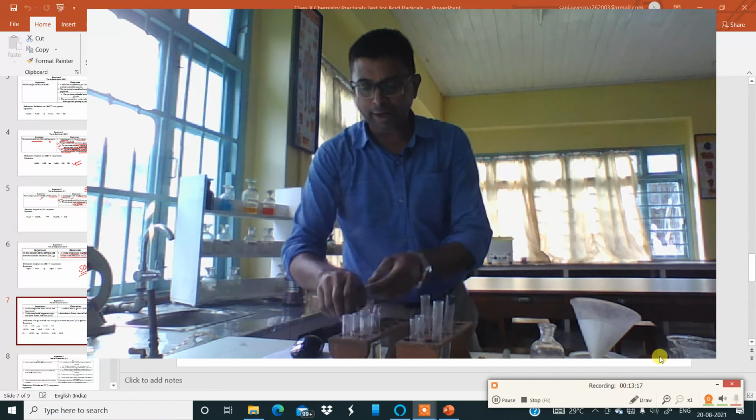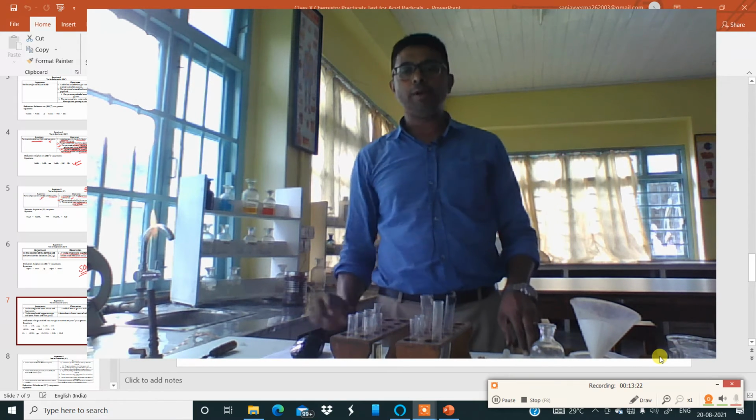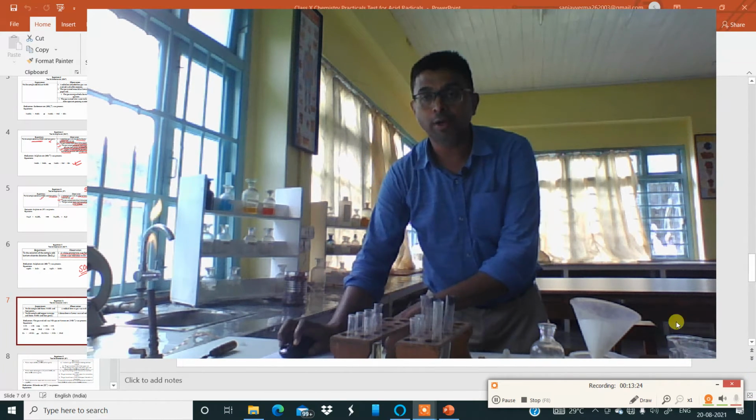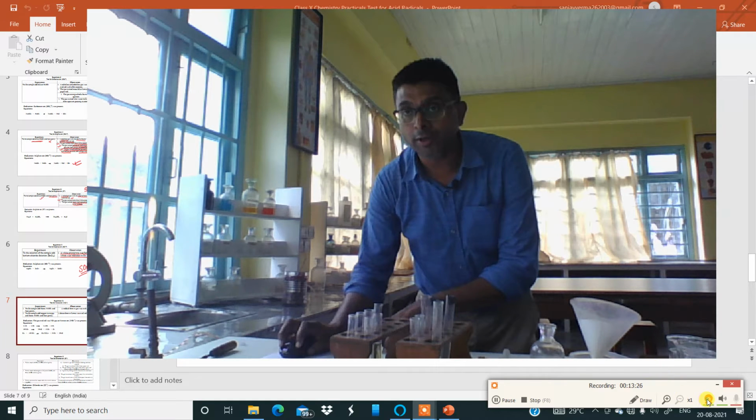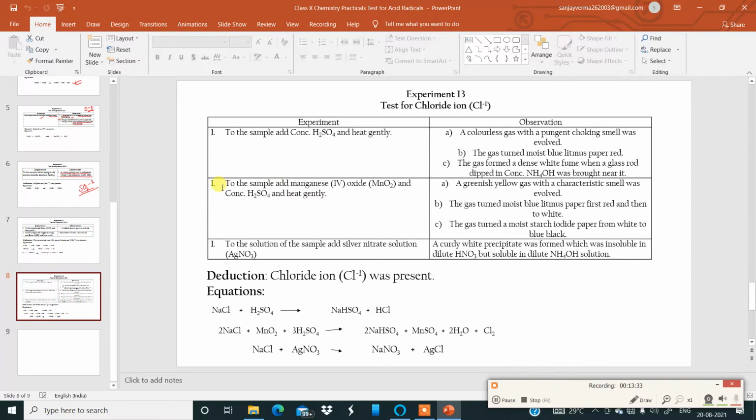Now the second part of the experiment is quite interesting. Have a look at the screen, experiment number 13, second part. To the sample we are adding manganese dioxide and concentrated sulfuric acid and then heating it.